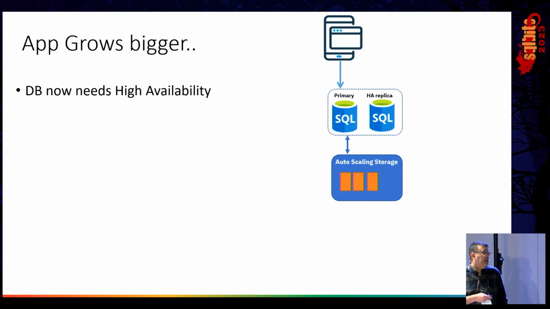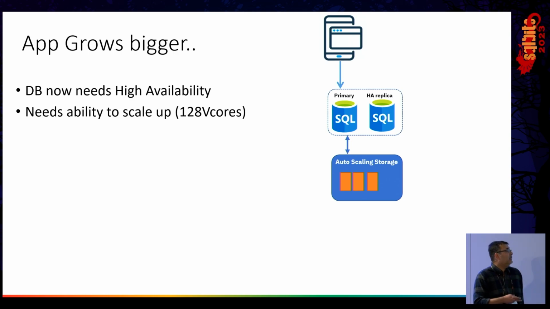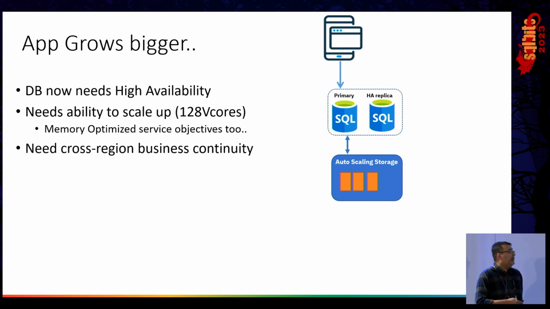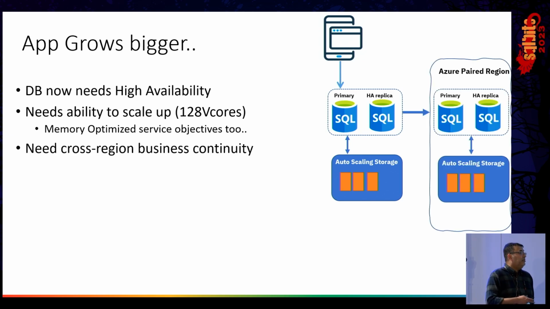So you're enabled to add a high availability replica for HA that enables the hot failover aspect, and can scale up as we talked about. We also introduced memory optimized objectives. We'll talk about some of the tiers there. And then if you need cross-region business continuity, you have GeoDR to replicate to cross regions.